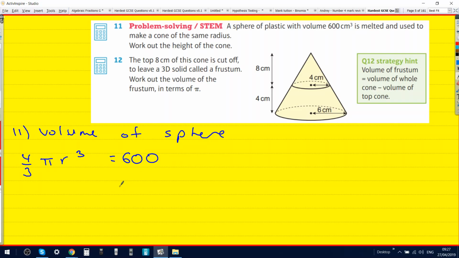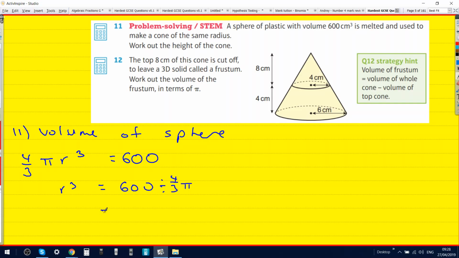And then, do I need to solve for r? Yeah. Okay, so that's 600 divided by 4/3 pi, and that's 143.2.